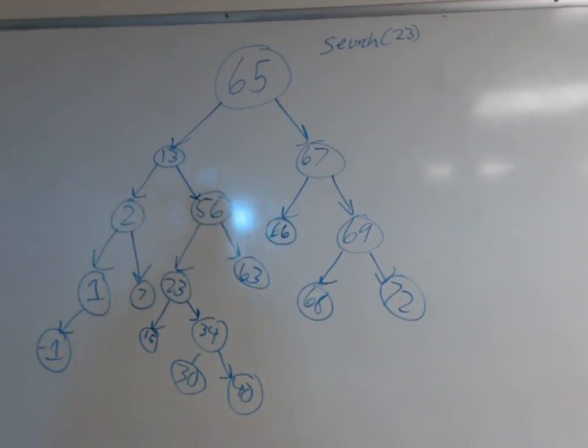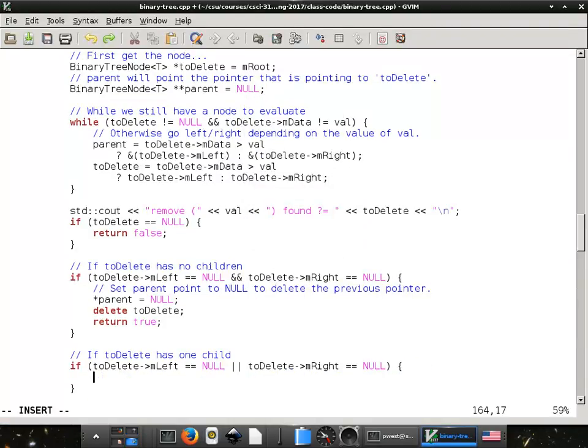Okay. So first we'll do a binary tree node, so T child. And that's where we need to figure out if to delete him left equals null.